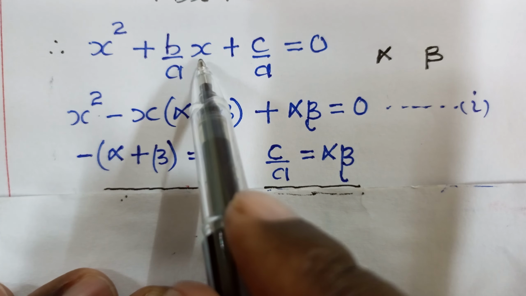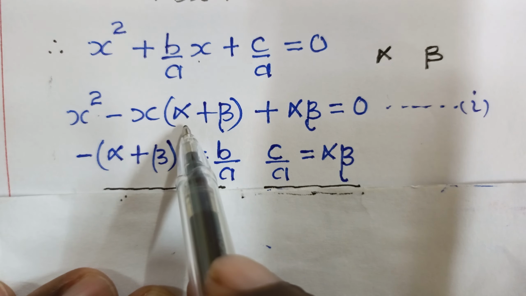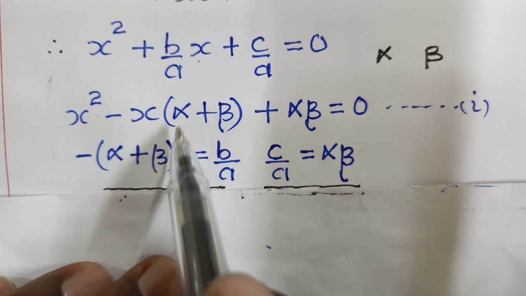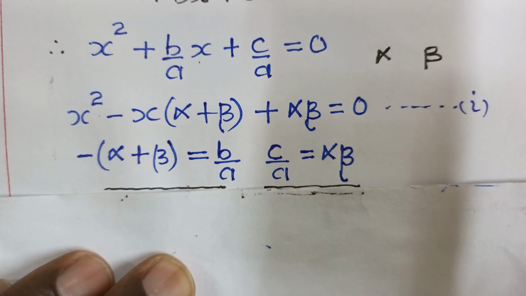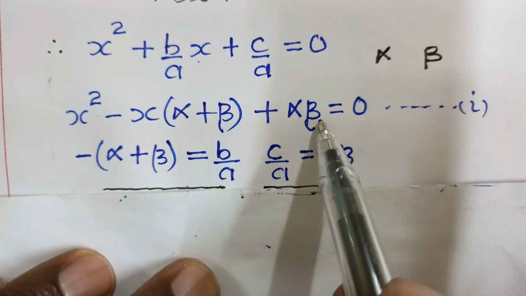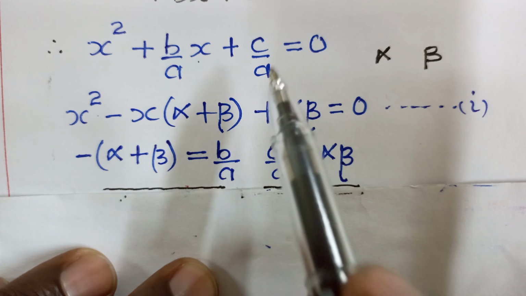Whatever is in front of x should be the same. And as you can see, the product, alpha times beta, should be equal to c over a.